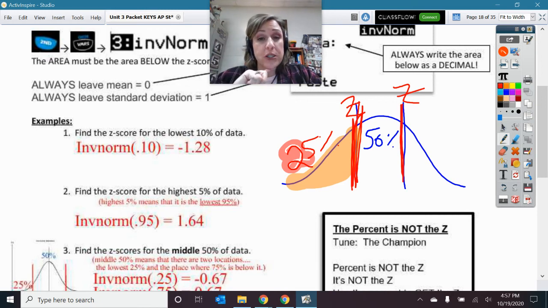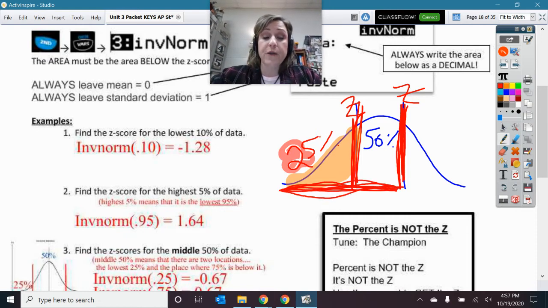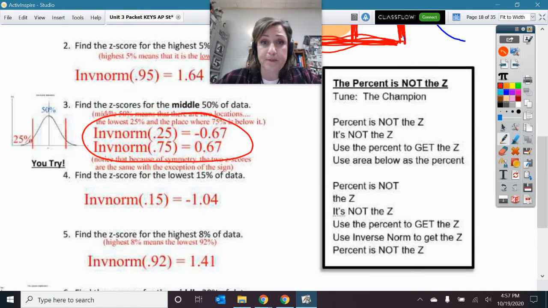So I'm going to inverse norm 0.25. Now, what is below this right-hand side z-score? Below it is the 25 plus the 50, so I'm going to inverse norm 0.75 to get this right-hand side z-score. Look at what happens. Examine these numbers. The left-hand z-score is negative 0.67.